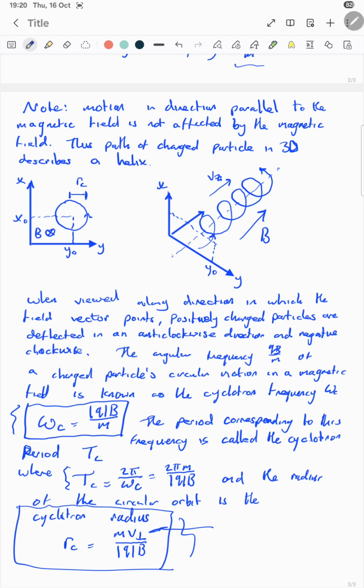So the physicists at the Large Hadron Collider can determine the charge by the direction in which the particle moves, and also the mass by the size of the radius, the cyclotron radius here, because as we see, it's dependent on mass. So this is quite a crucial concept if you want to determine the mass of fundamental particles and their charge.